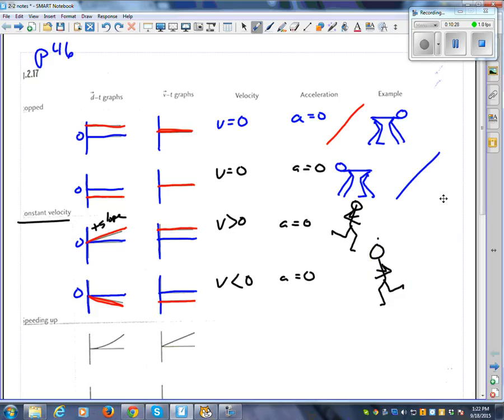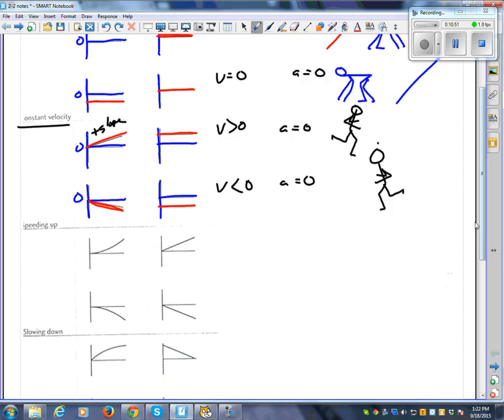There we go. Running at a constant speed to the left. Yes, good. How many people have completed the chart already? And have you done it with thinking or just copying? Okay.